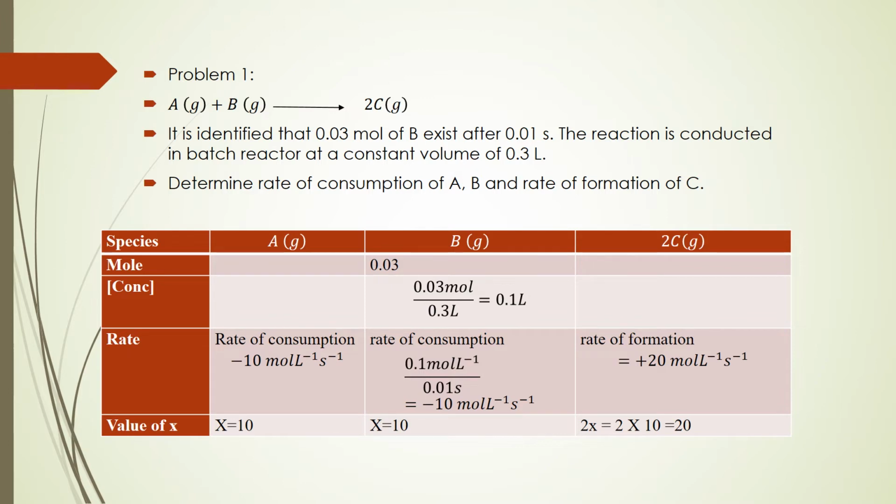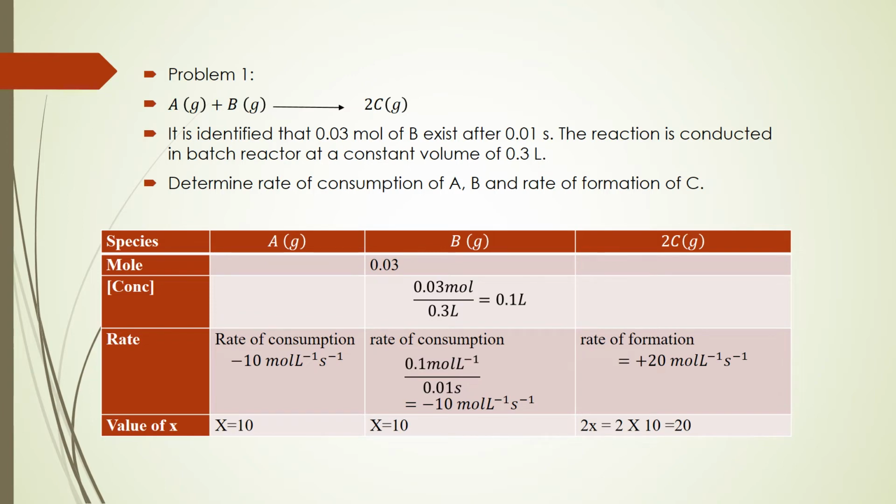Let's go back to A. At the row of rate, now we can fill in the information. The rate of consumption of A is negative 10 mole per liter per second.